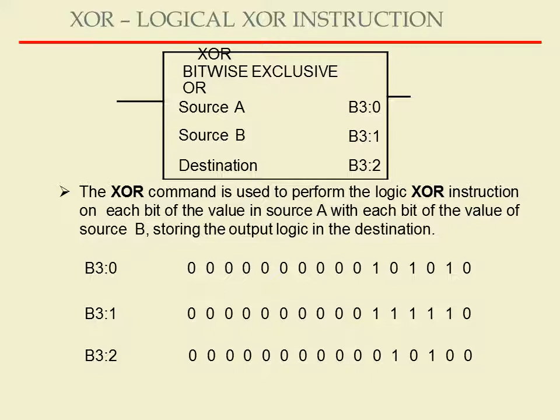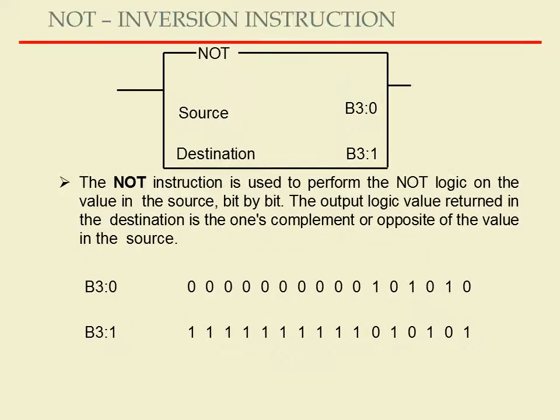So recall the truth table for the XOR. So whenever the inputs are same, either 0 0 or 1 1, the output will be 0, and if the inputs are different, that is 0 1 or 1 0, the output will be 1. So it is done bitwise and stored in the destination.